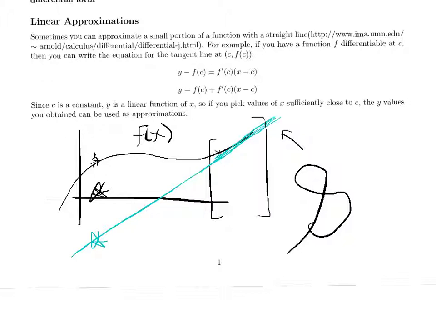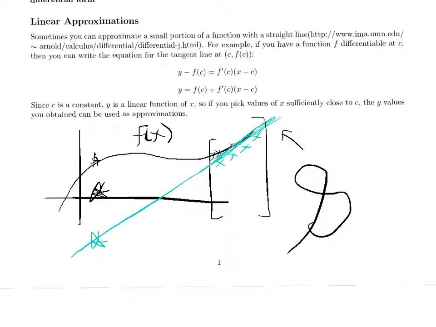But in this region, the y values of our function in black are similar to the y values of our line in teal, okay? And so that's what we use a linear approximation for, if we couldn't find the exact value of our function, but we could draw a line that was similar, at least for a limited range of values, okay?